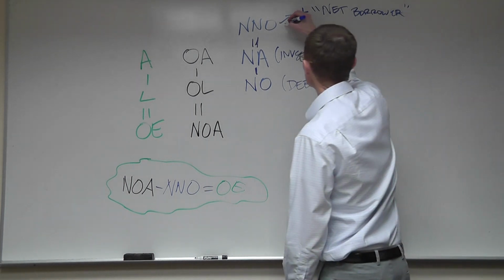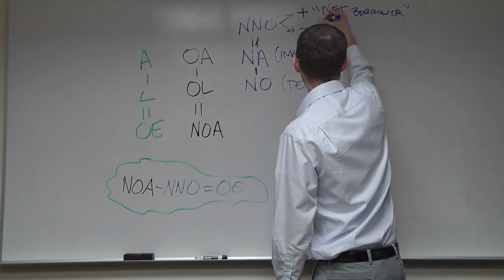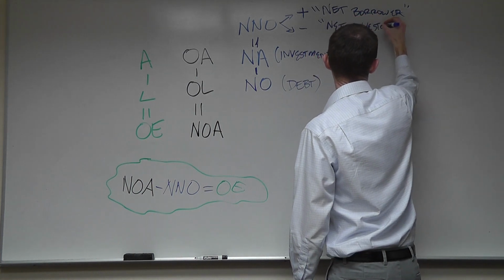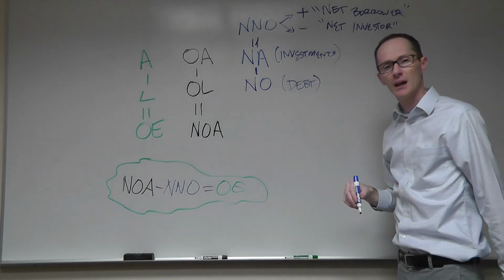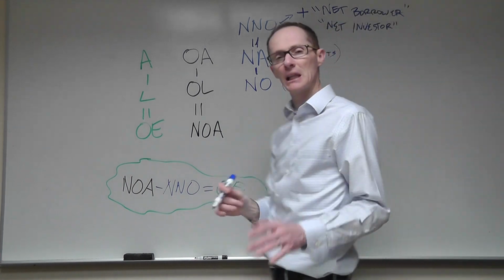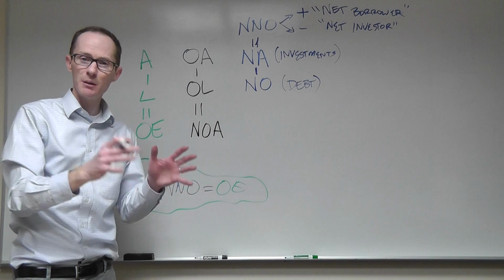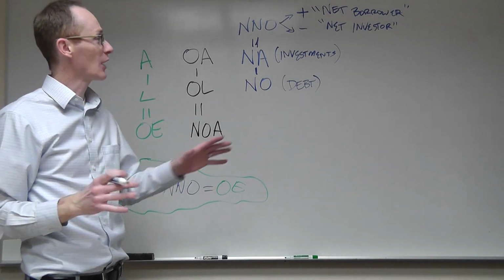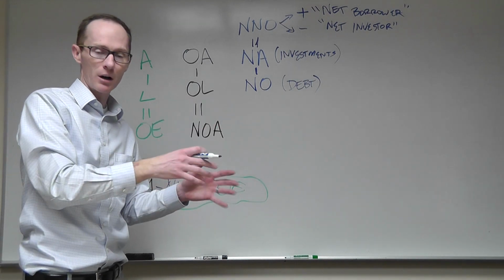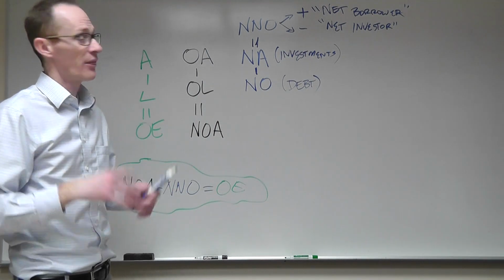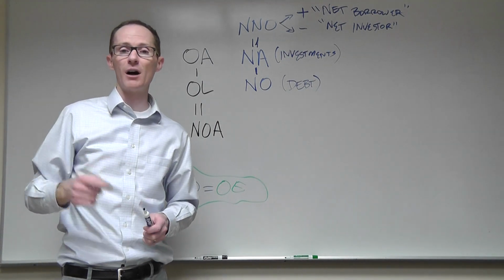And when NNO is negative, well, that is when we have a net investor. Now, for now, that won't perhaps mean a lot to you, but it will later. When we start analyzing ratios, it's going to be important that you know if you're analyzing a net borrower versus a net investor. Okay. With that, we're ready to move on to the income statement.